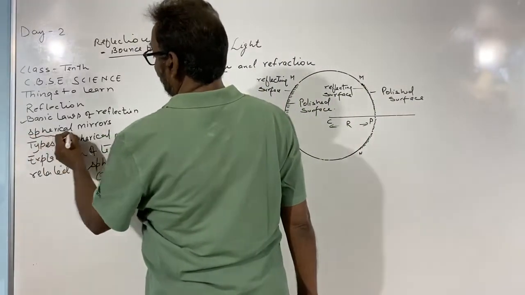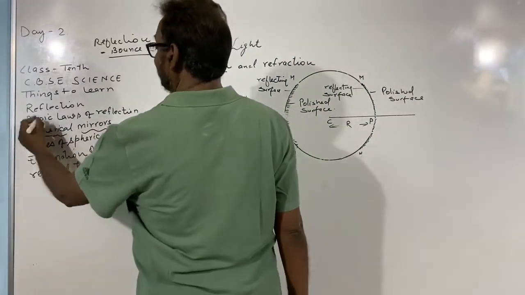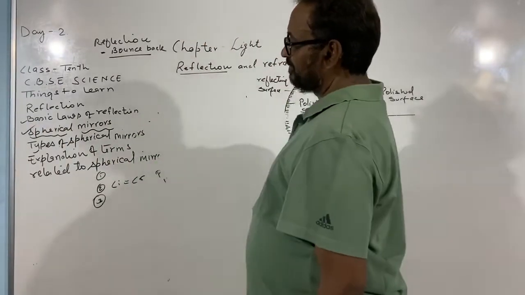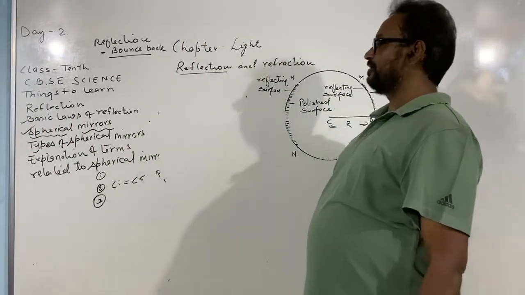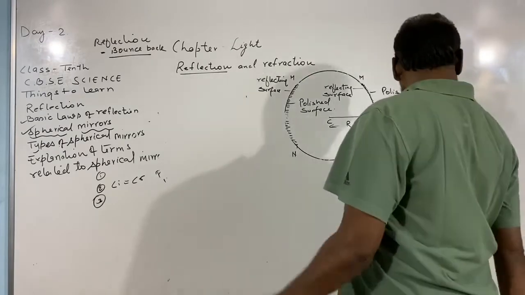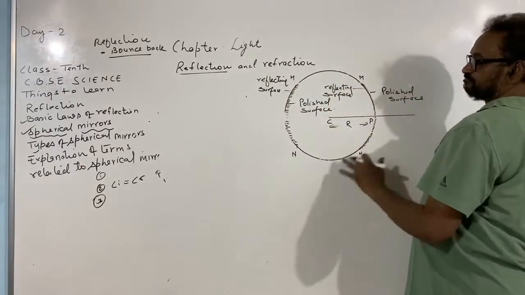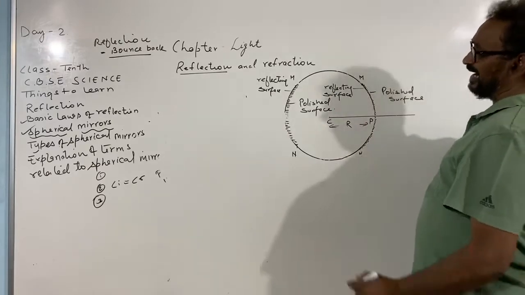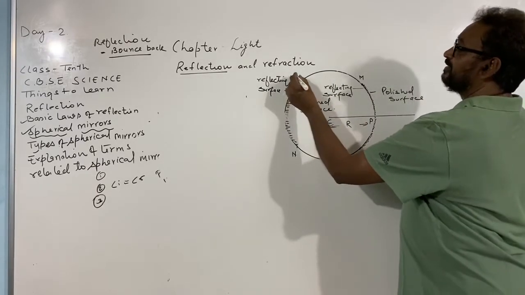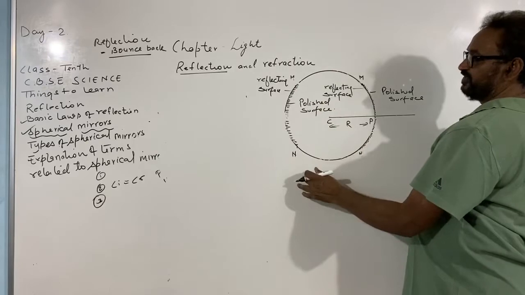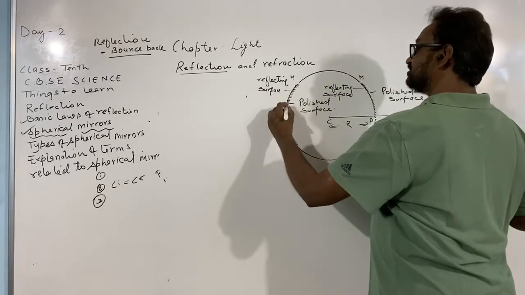Now we are going to discuss what are spherical mirrors. Consider it is a hollow sphere and MN is a part of the hollow sphere. Obviously, it has two surfaces.